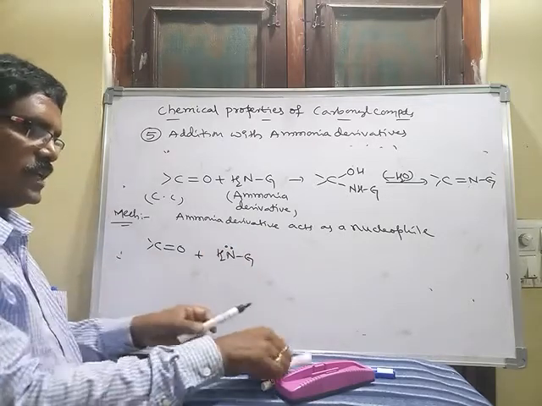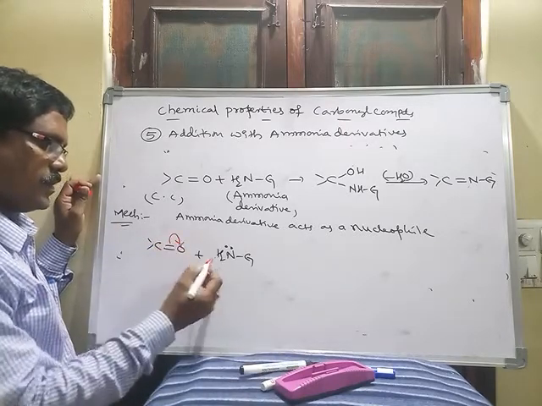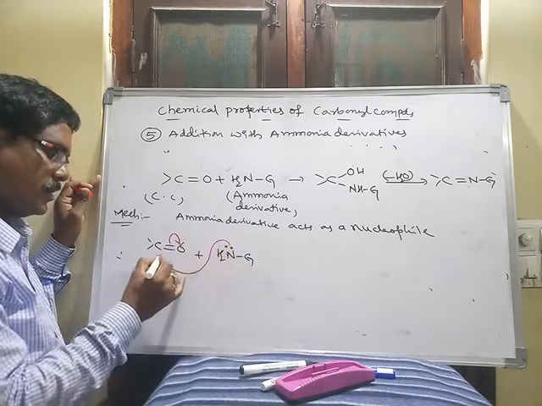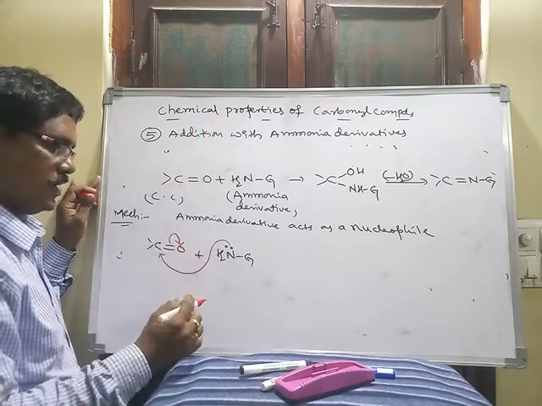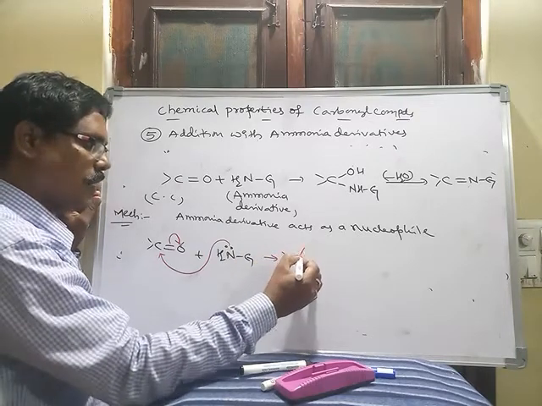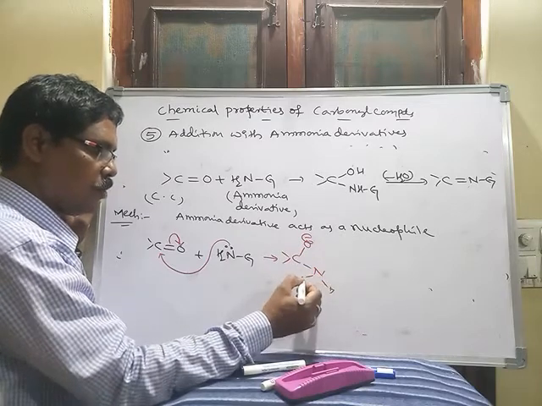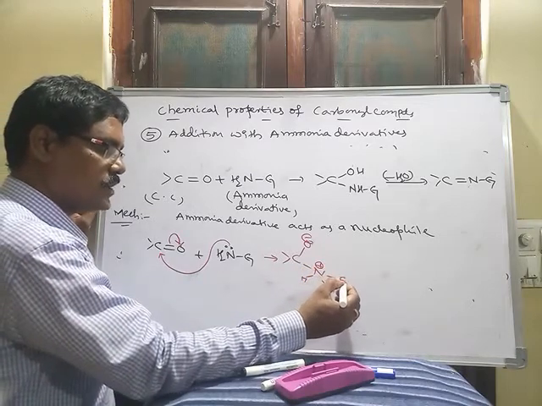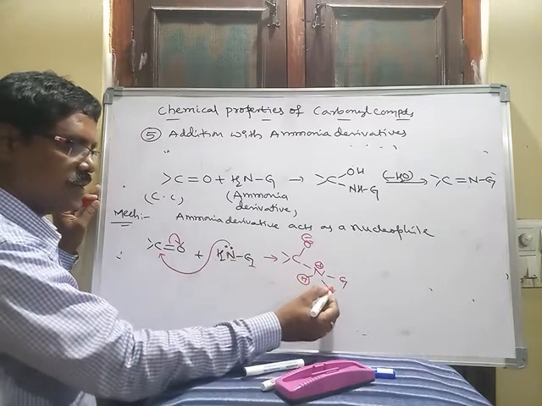Nitrogen contains a lone pair of electrons, and due to the positive charge on carbon, the carbonyl accepts the lone pair present on the nitrogen. At that stage the oxygen becomes O minus, and nitrogen, having donated its lone pair to the carbon, gets a positive charge. The remaining part is G, with N and H's.